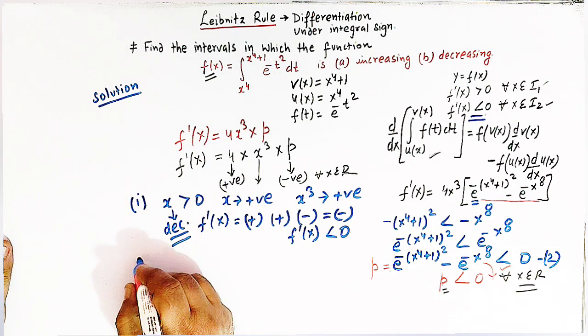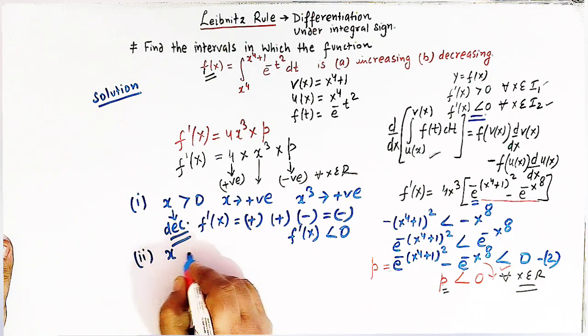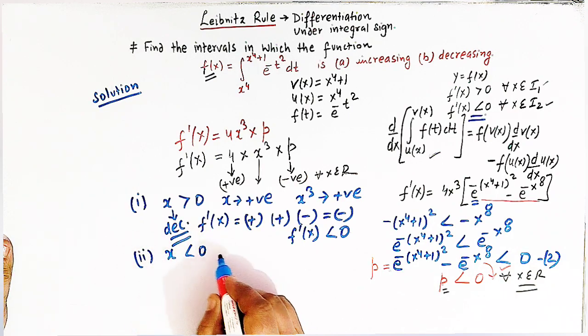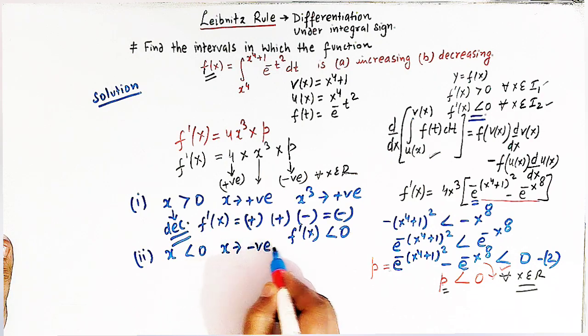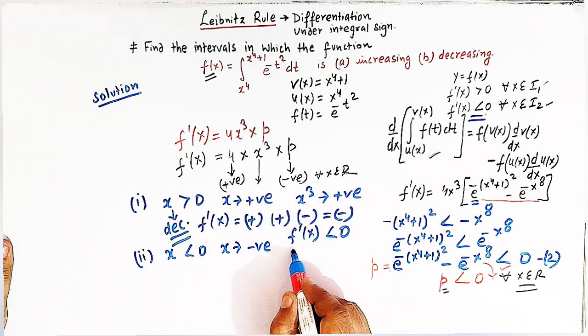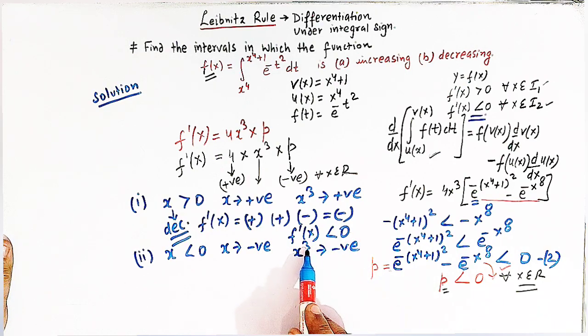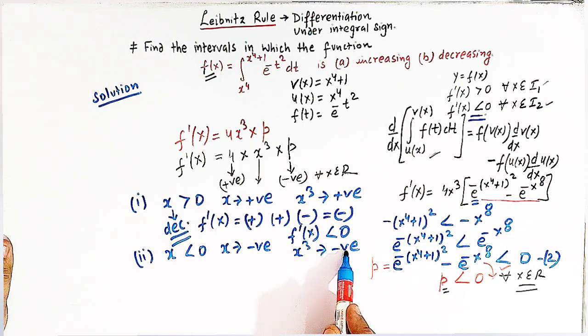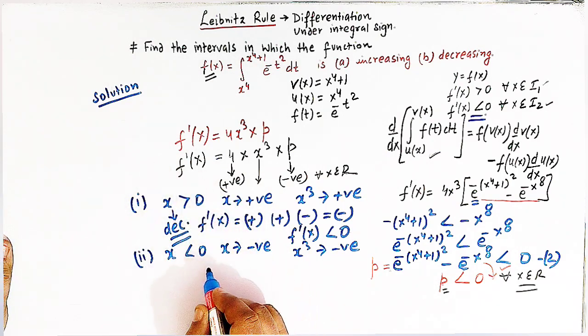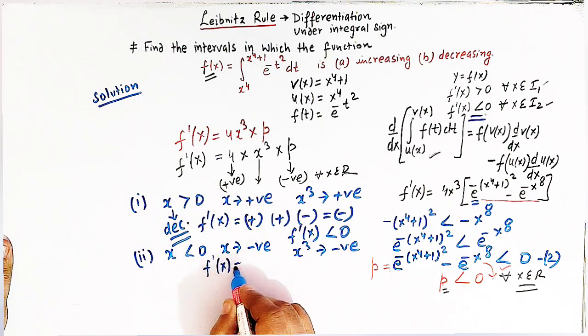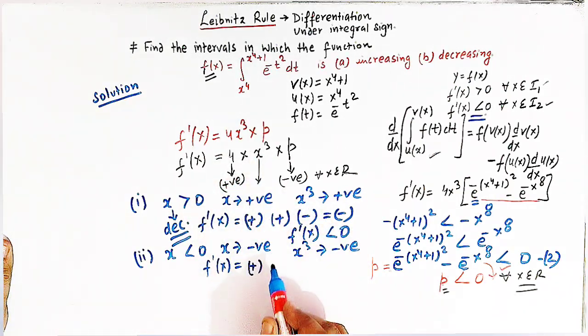So now consider the second case when x is negative, that is x is less than 0, so x is negative, and in that case x cube is also going to be negative because here the exponent is an odd number, right? So we have x cube negative. So in this case the overall sign of f prime of x is, now 4 is already positive, and then we have x cube, the sign of x cube is negative, and p is already negative.